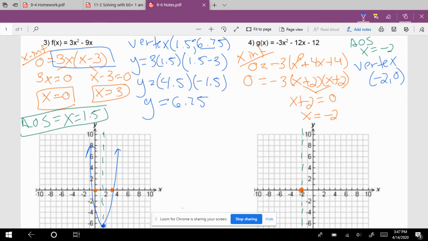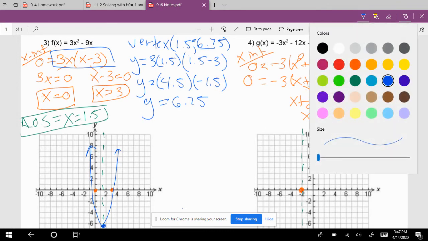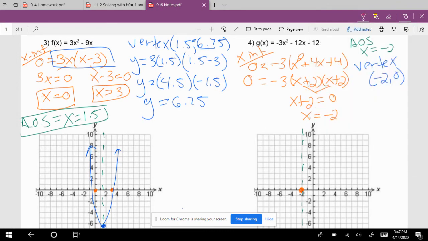And what you can do is you can go back to tables, okay? If you only have one x-intercept, that x-intercept is also your vertex. So for the minute, you're out of other options. But if you do a quick table, do that off to the side. Let's see, go purple.